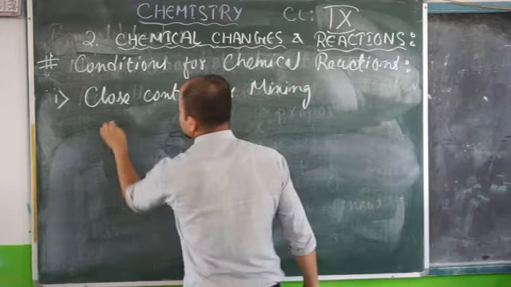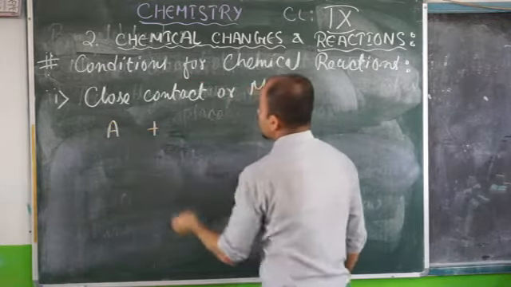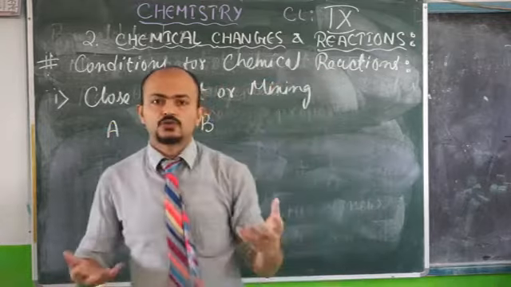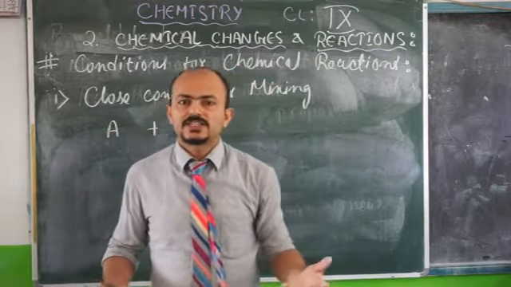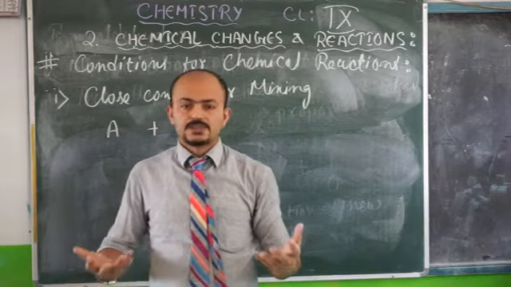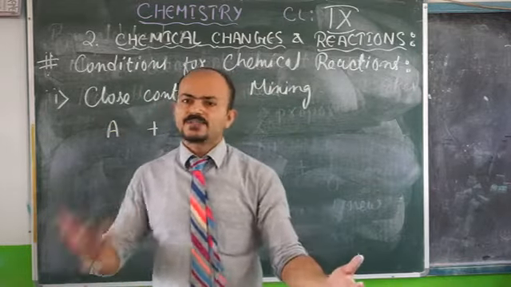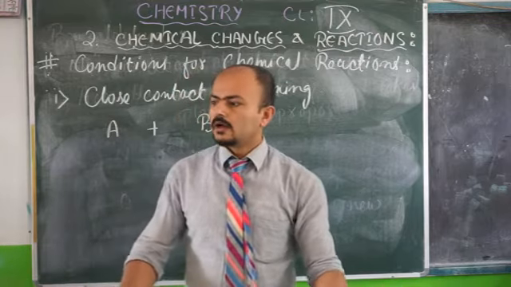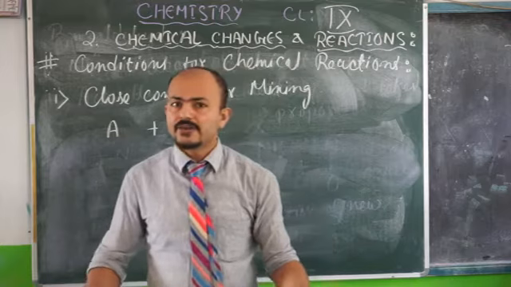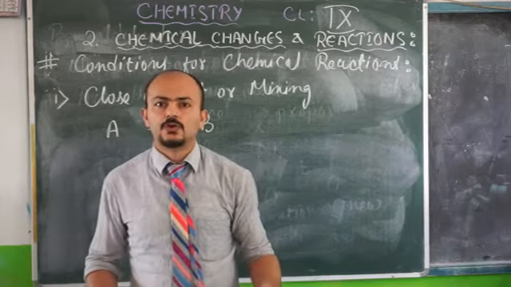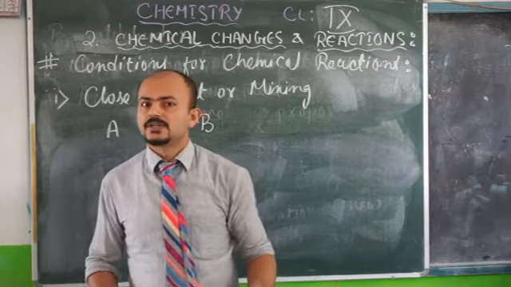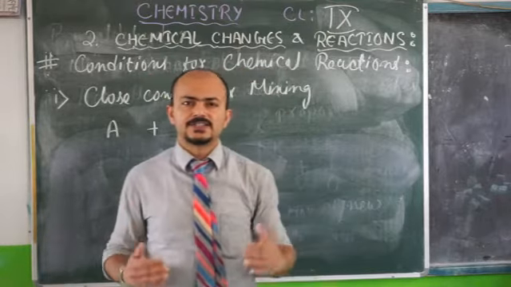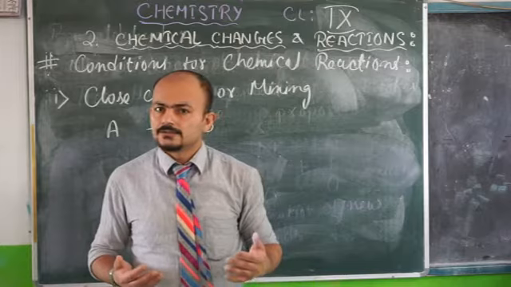Suppose you have 2 elements, say A and B, and you just kept A and B separately, say on a table or on the floor. Will the reaction take place? No. Why? Because for chemical reaction to take place, there are certain conditions which have to be fulfilled.